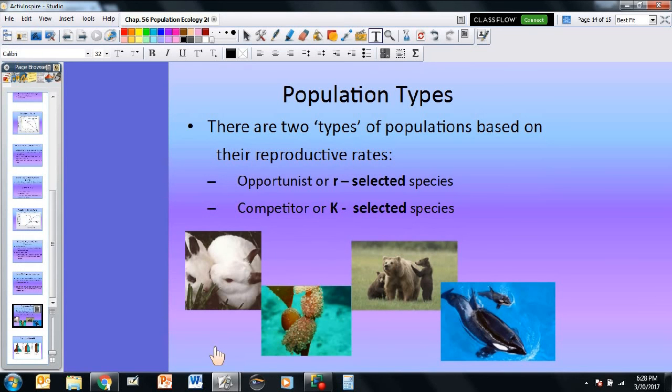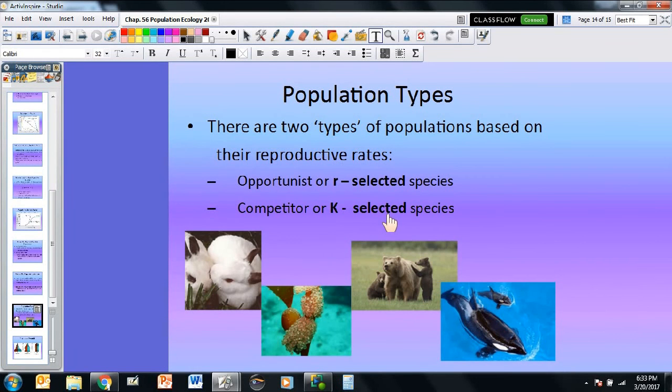They call them opportunist because they take advantage of changes in resources very quickly. K-selected species are based on carrying capacity. They're competitor species because they actually thrive in environments where their population is closer to carrying capacity.